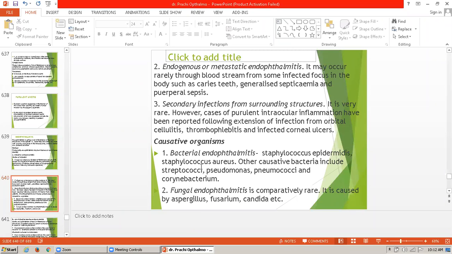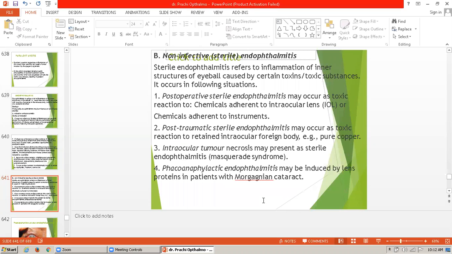Second is fungal endophthalmitis, which is comparatively rare. It is caused by Aspergillus, Fusarium and Candida, but it is comparatively rarer than bacterial endophthalmitis.